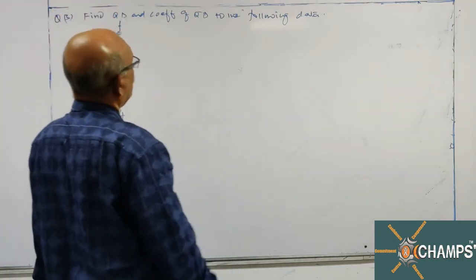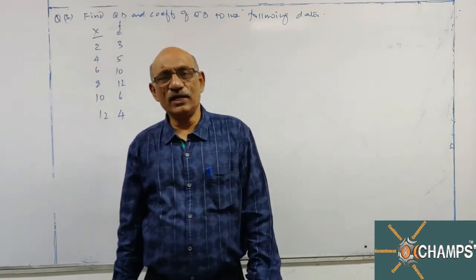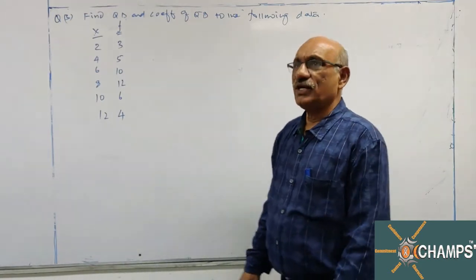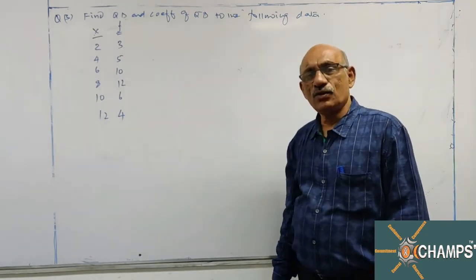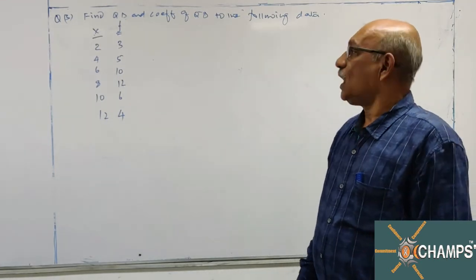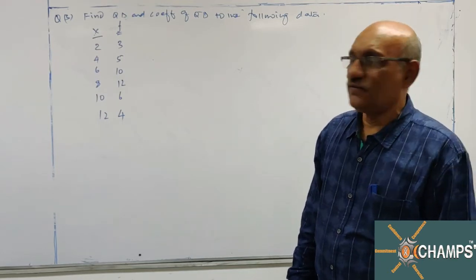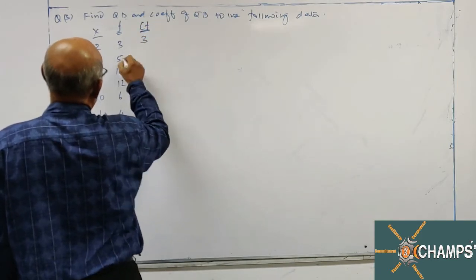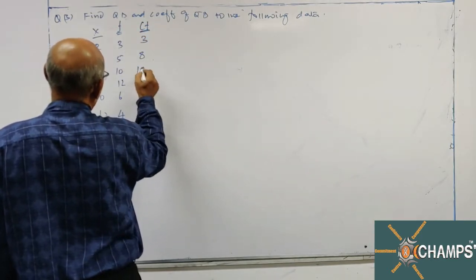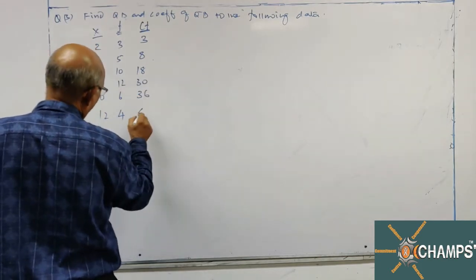Now, Q1 and Q3 are required for us to find the value of quartile deviation and coefficient of quartile deviation. We know Q1 and Q3 are partition values. To calculate the partition values, less than cumulative frequency is required. So cumulative frequency: 3 plus 5, 8, 18, 30, 36, 40.